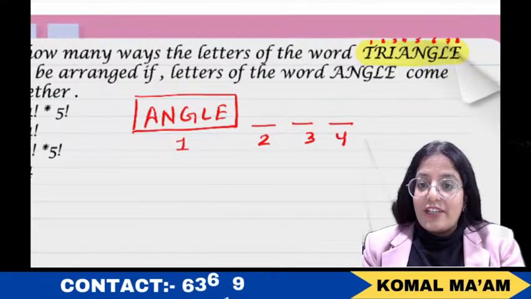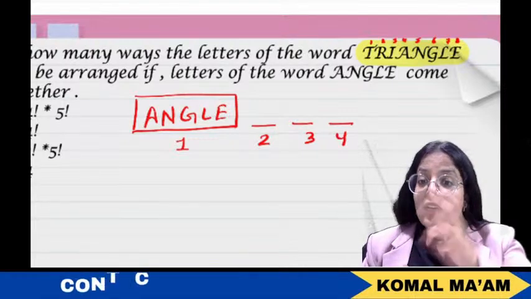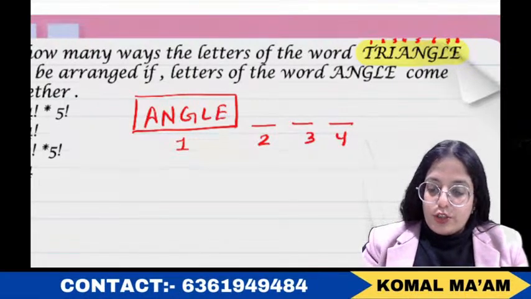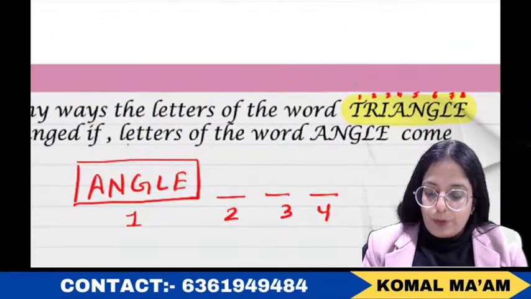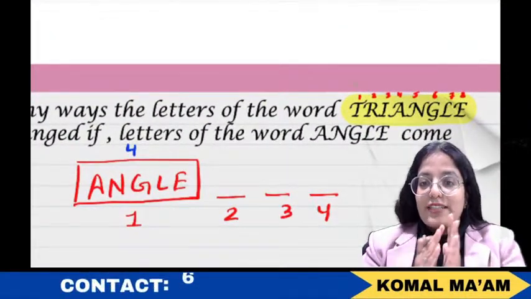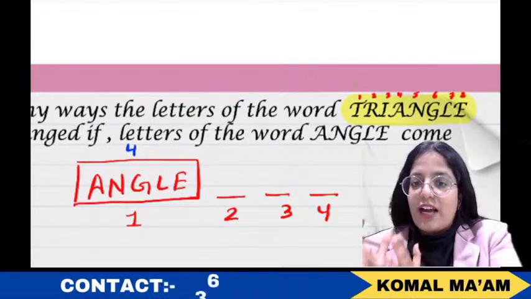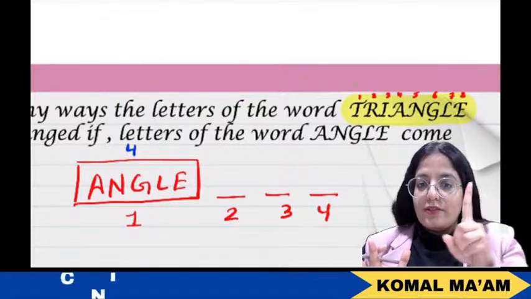So in how many ways can 4 items be arranged? We have done this in the previous session very well. For the first place I'll have 4 options: either ANGLE will sit here, or T, or R, or I. Out of these 4 options, one will sit here.